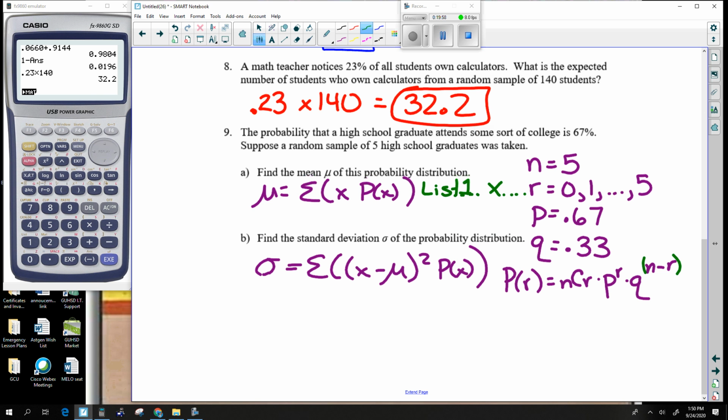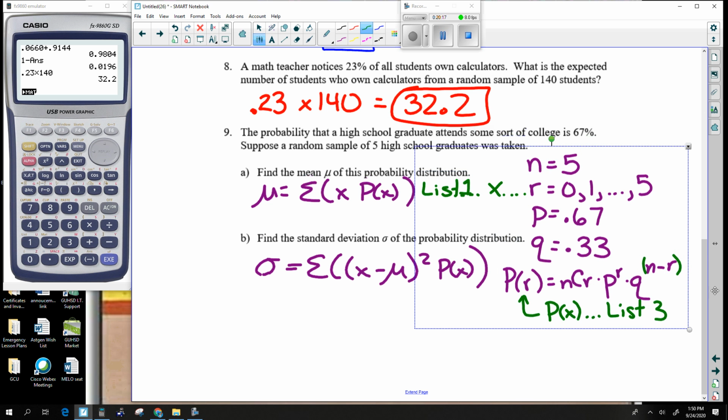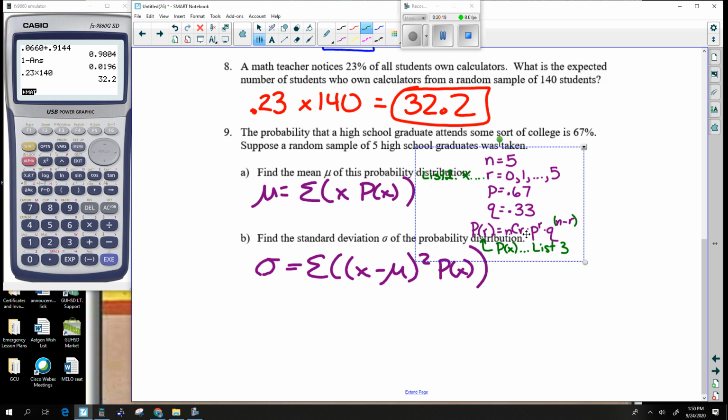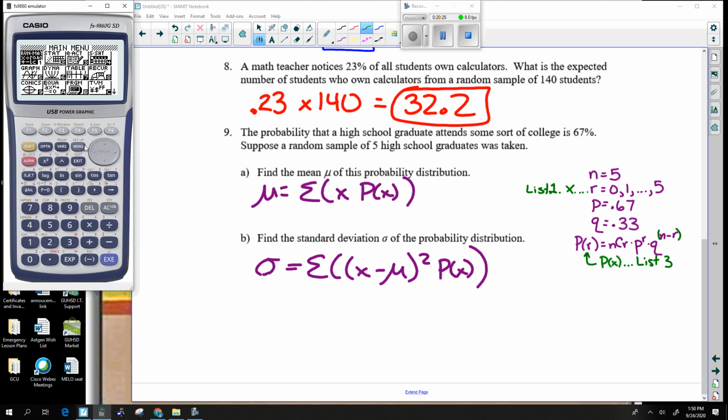And then P of R is the same thing as saying P of X, which we are going to be putting into list 3. So we begin with this R into our calculator.